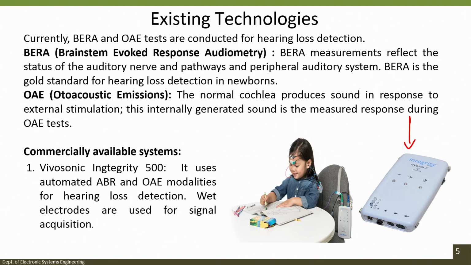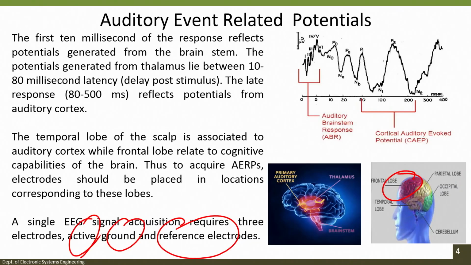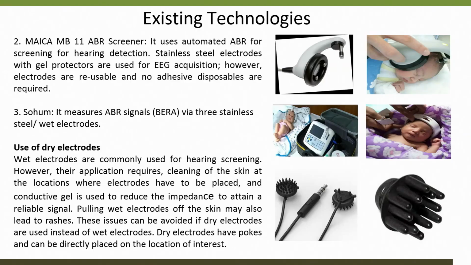So, the point is, if you see the schematic or the picture of this particular baby, you can see that the vivosync is connected, and there are electrodes right over here. Along with here, I told you that you require a minimum of 3 electrodes, one for the active electrode, one ground, and one reference electrode. Let us quickly see how this particular system works.